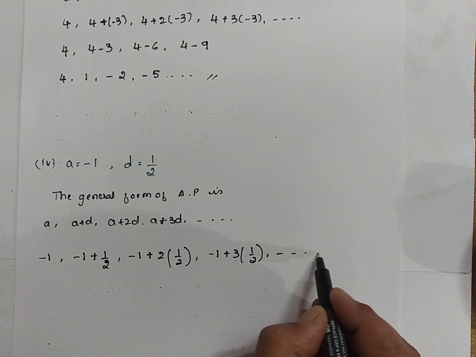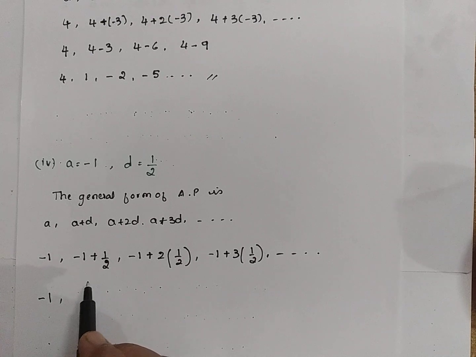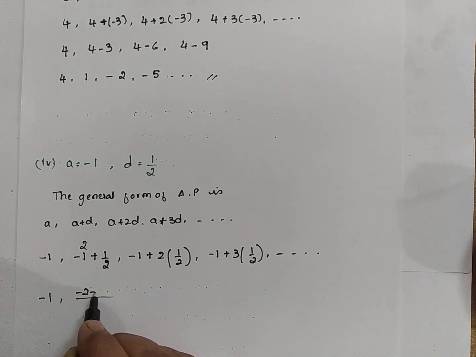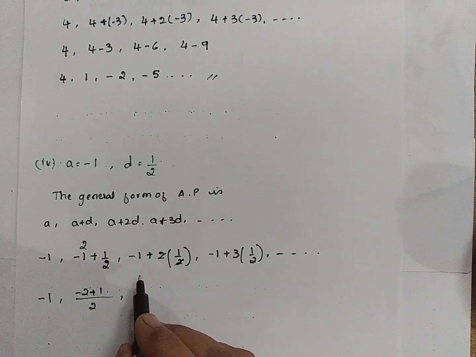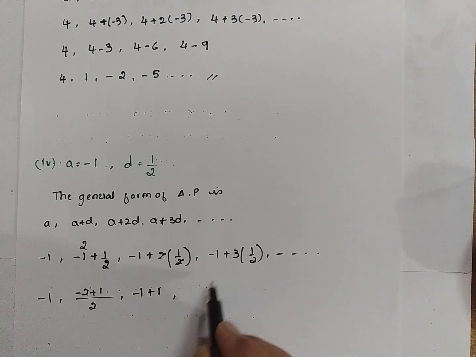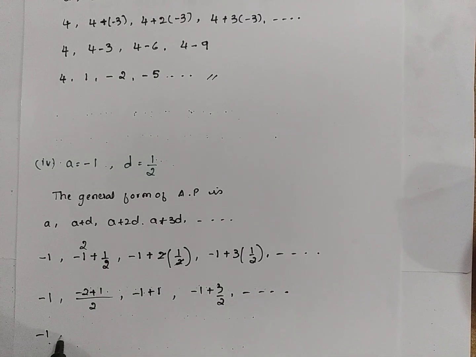Next again simplify, that is minus 1 plus 1 by 2. How will you simplify? You take the LCM, that is 2. Here minus 2 plus 1 over 2, and that is minus 1 by 2.